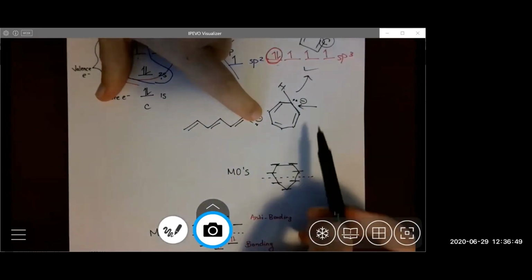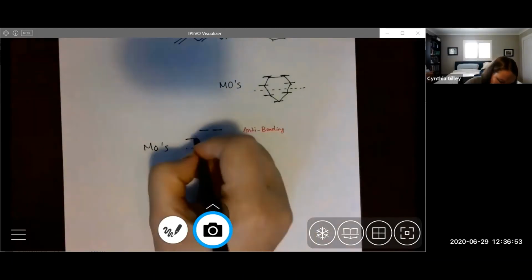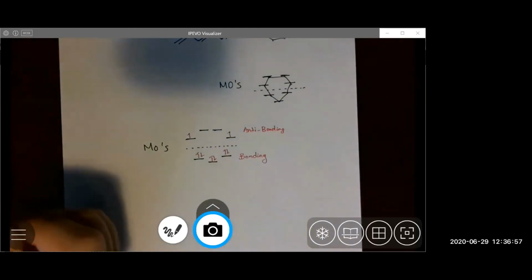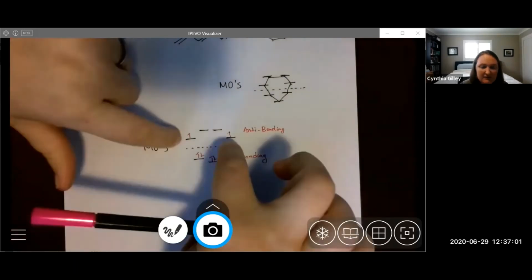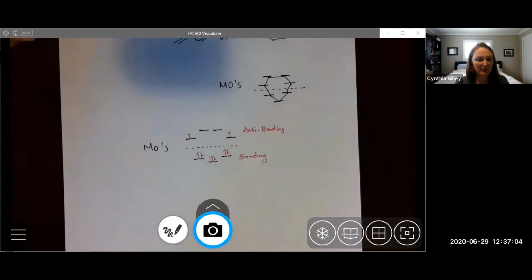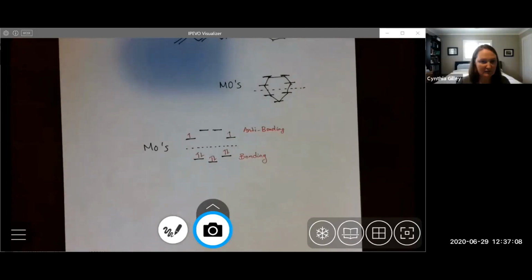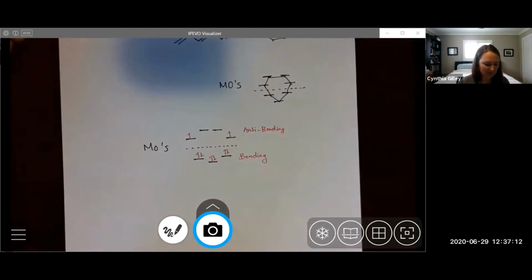Yes. Now, if I come back over here and I have to add 2 more, where do they go? The anti-bonding, and they're unpaired. This is like a diradical. You know radicals are unstable, right? Yes. So this is like a double radical. It's totally unstable with 8 electrons, in a 7-membered ring.